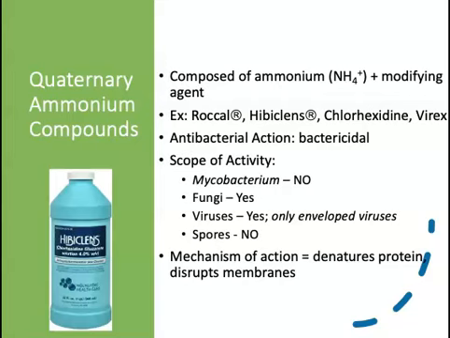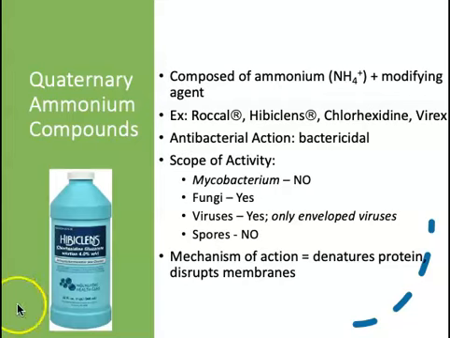So we add a solubilizing agent in with iodine, and we add what's called a modifying agent in with the ammonium ion. There are lots of quaternary ammonium compounds on the market, both disinfectant chemicals and antiseptic chemicals.